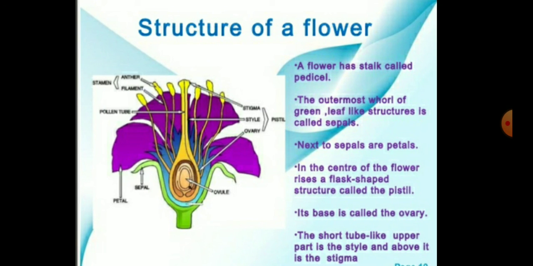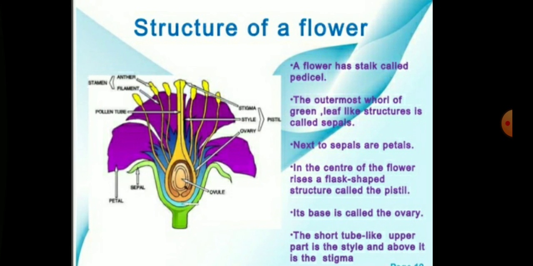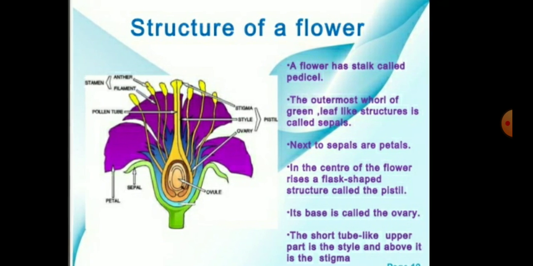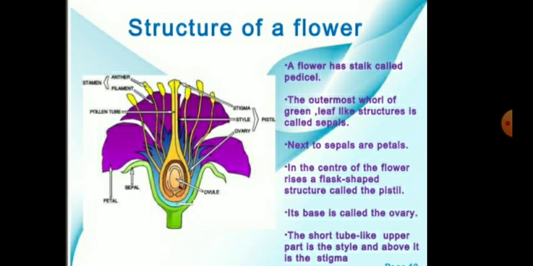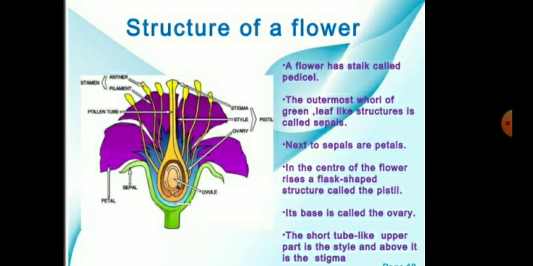Children, this is the structure of a flower. We know the flower is a very important part of a plant. The flower has a stalk which is called the pedicel.